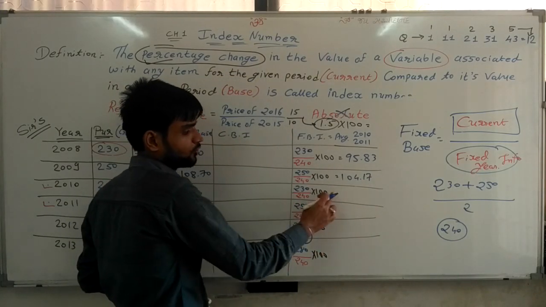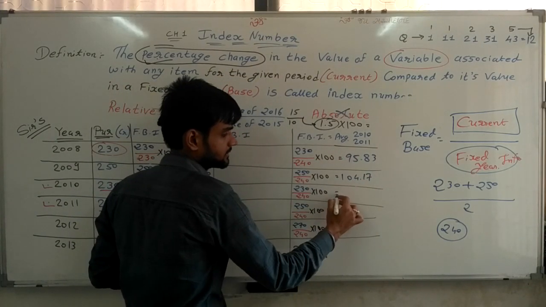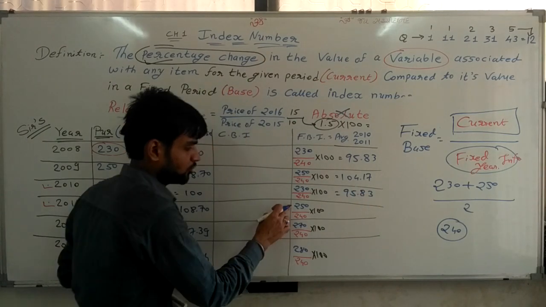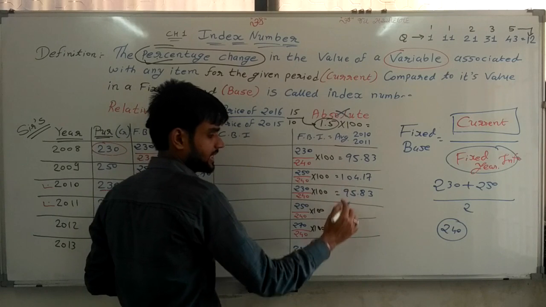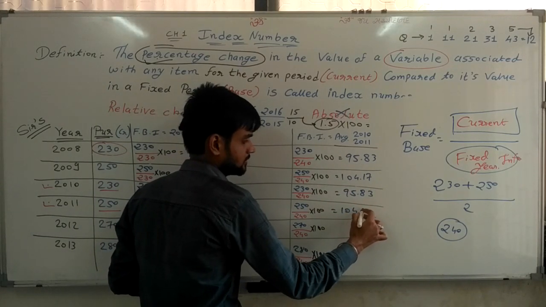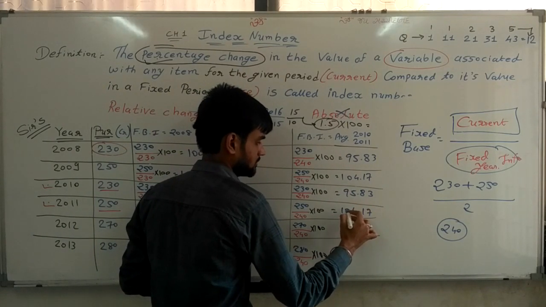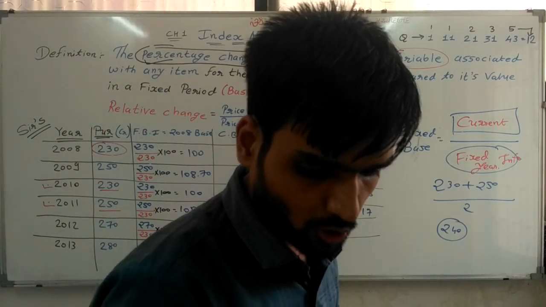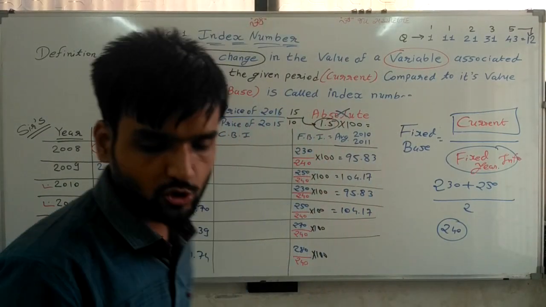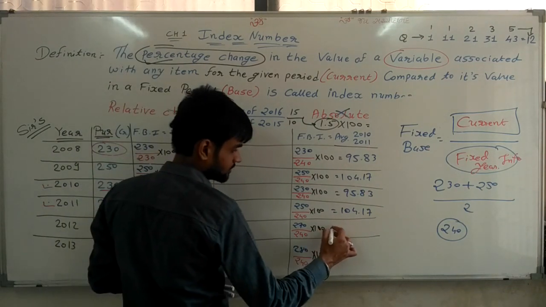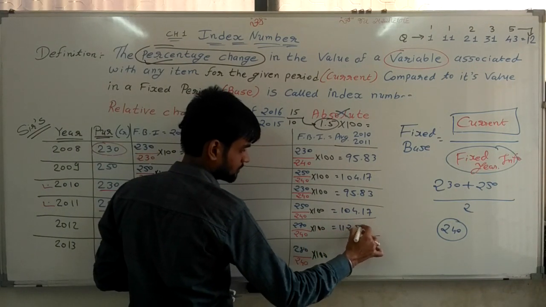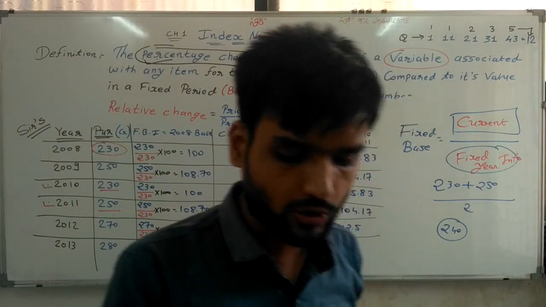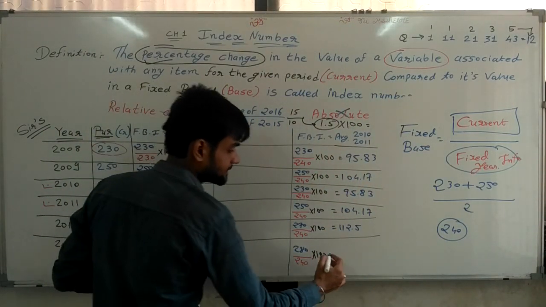Again 230 upon 240 into 100, same as here, 95.83. 250 upon 240, same as before. 270 upon 240 into 100, 112.5. 280 upon 240 into 100, 116.67.